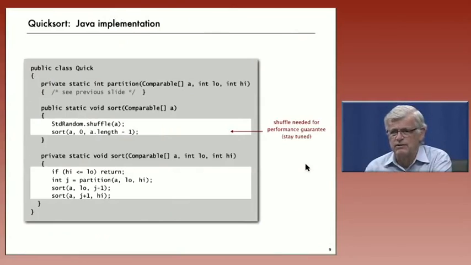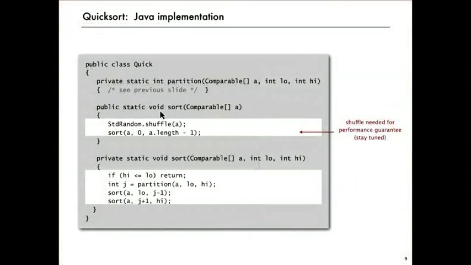Now, Quicksort itself is going to be a recursive program that uses that partitioning method. The first thing we do is the public sort method that takes the array of comparable items as its argument. It is going to do a shuffle, and that shuffle is needed to make sure that we can guarantee that the performance is going to be good.